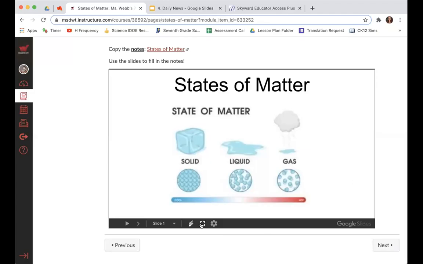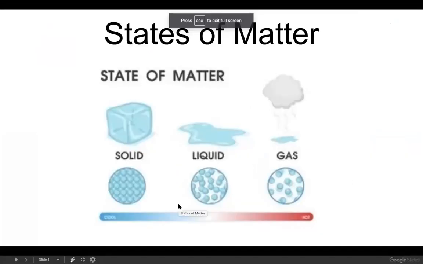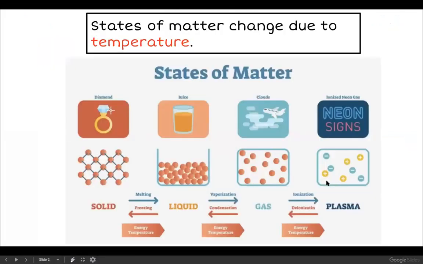Okay, let's take some notes on the three states of matter: solids, liquids, and gases. So, in your notes at the top, states of matter change due to temperature. Yesterday or 2 days ago in our Oobleck lab, we noticed how cornstarch changes state based on adding more or less water.